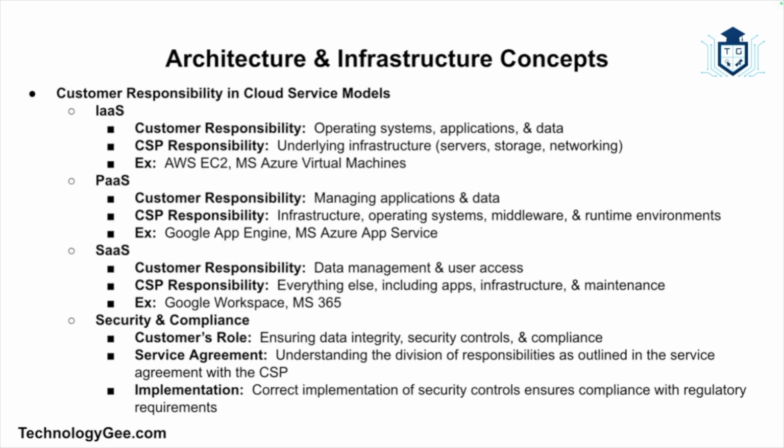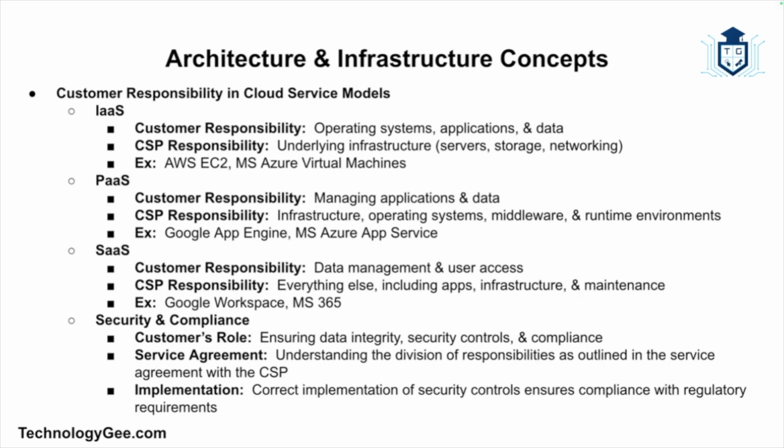The customer's responsibility varies based on the cloud service model. With infrastructure as a service, the customer is typically responsible for operating systems, applications, and data, while the CSP takes care of the underlying infrastructure. With platform as a service, the customer's responsibility shifts to managing the applications and data, and the CSP handles everything else.